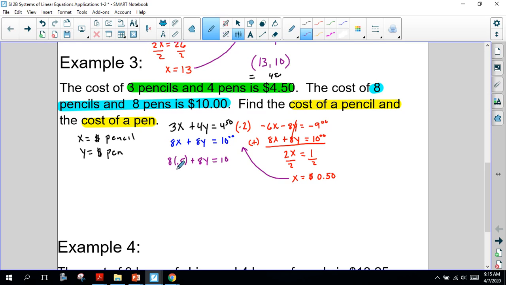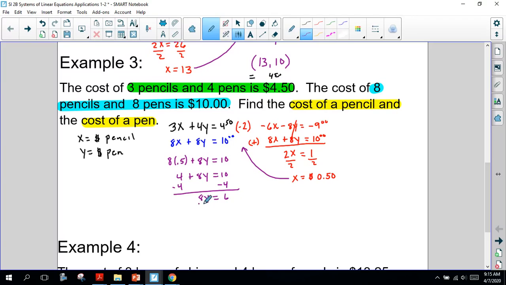That's basically half of 8, which is 4, plus 8y equals 10 still. We subtract the 4 from both sides, and 8y is equal to 6.